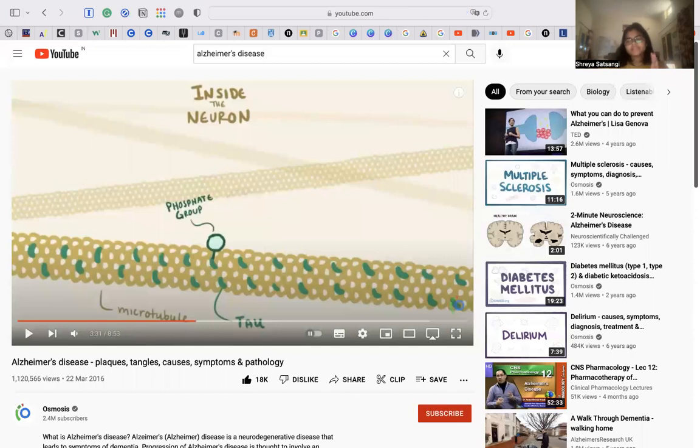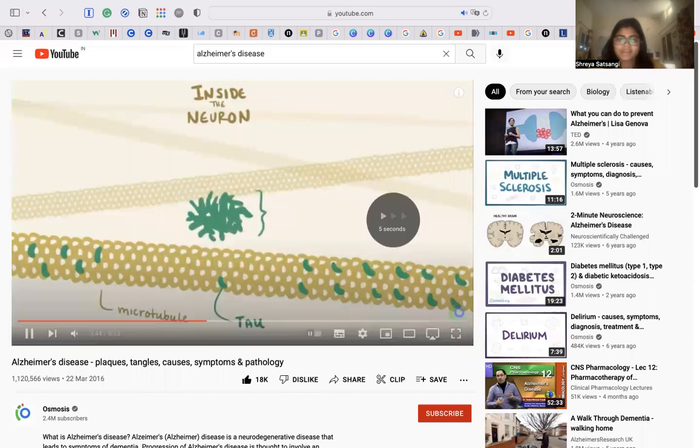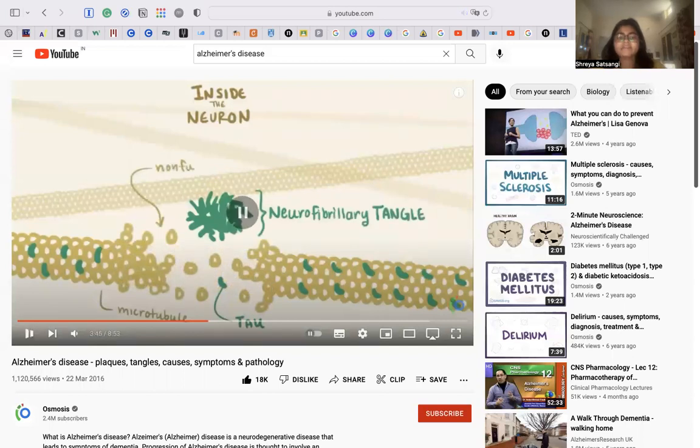Yes. So what happened is that we know what happens outside. Now inside, what happens? The phosphate group came, and they take away the tau. And then tau makes a whole cluster. And then this happens. So the microtubule is now broken apart.